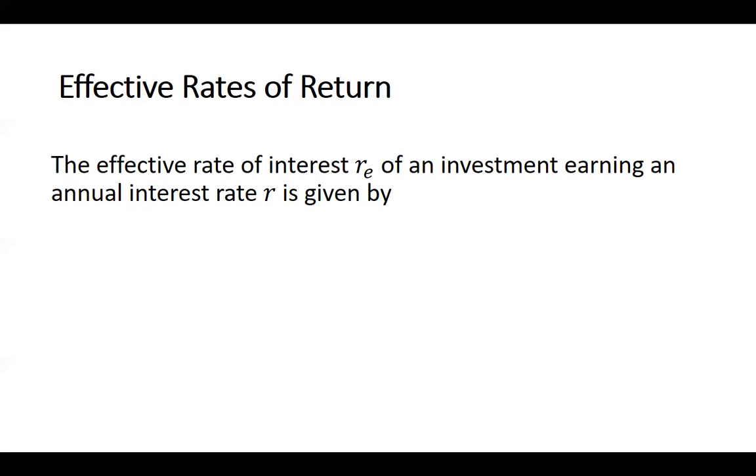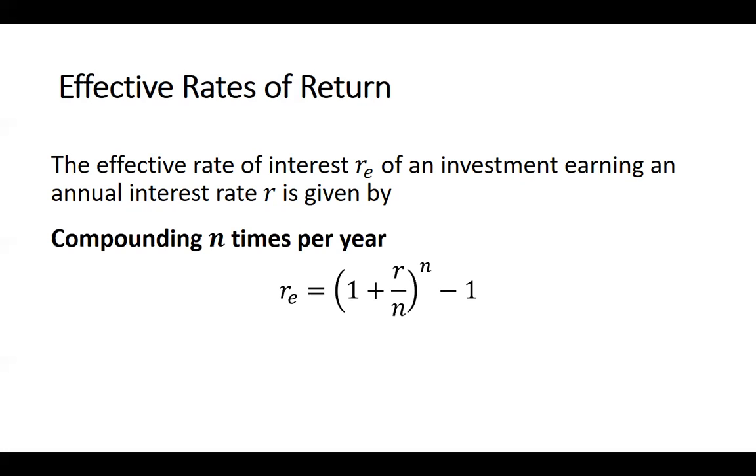So the effective rate of interest R sub E, the sub E saying effective interest rate, of an investment earning an annual interest rate R, if it's compounding n times per year, is given by R sub E equal to 1 plus R over n, raised to the n, minus 1. Now you'll notice there's no principal value involved.